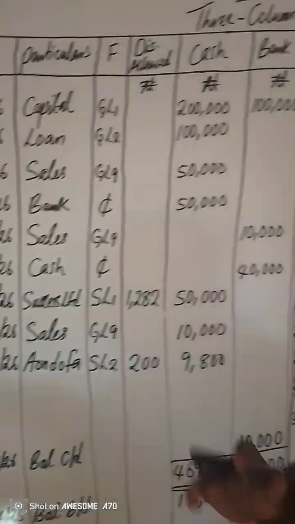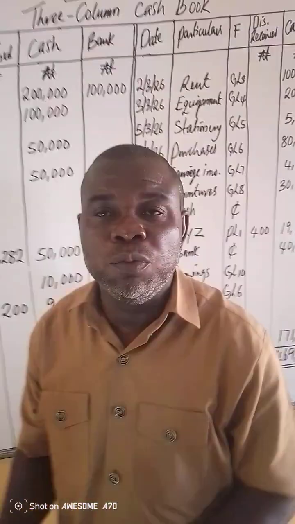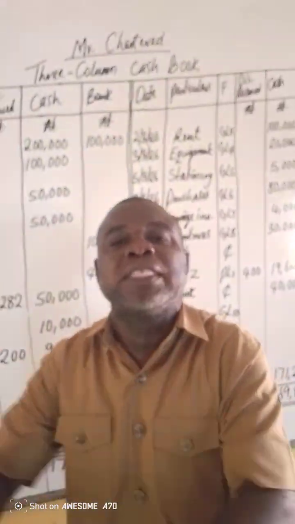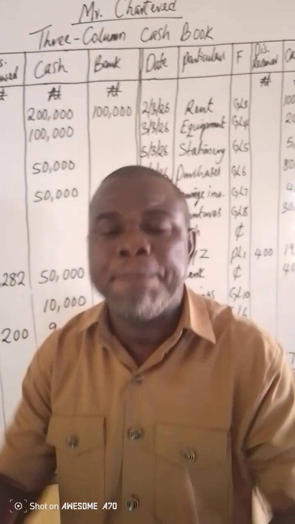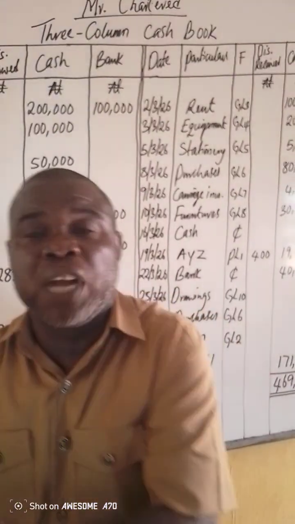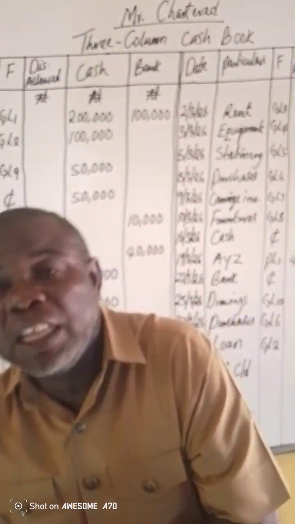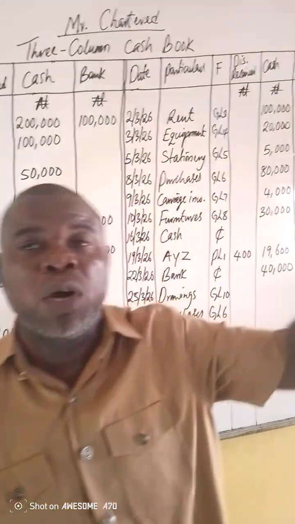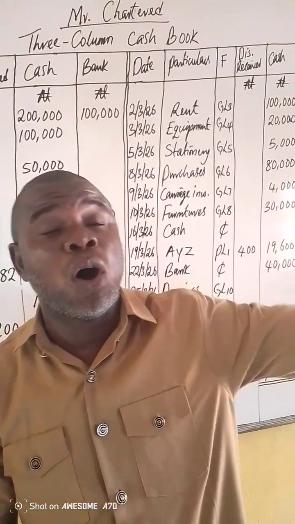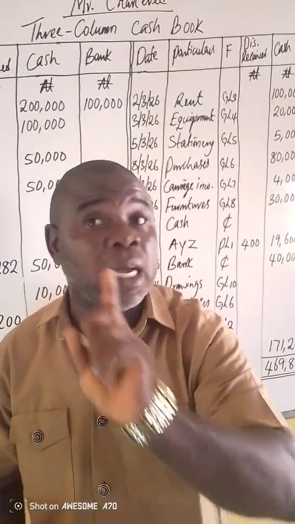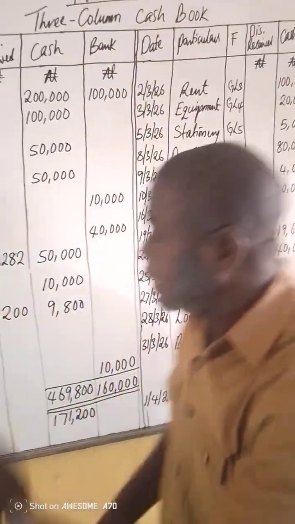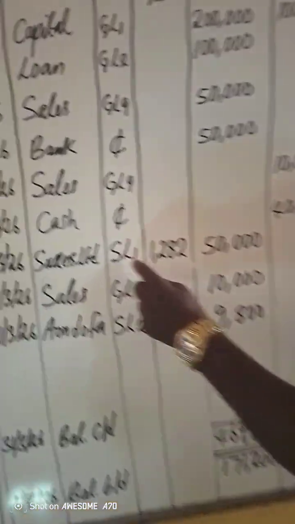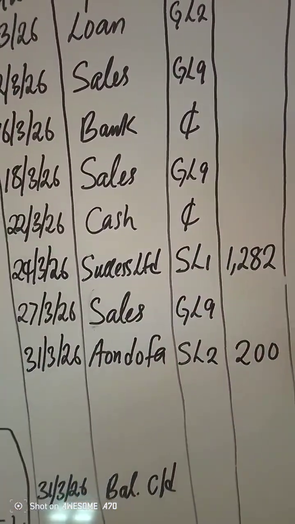I told you that when we talk of folio, SL means the amount that is being received from customers, or the amount that will be received from debtors or trade receivables. Any amount received from them, initially the transaction was on credit. If you are receiving money from debtors or your customers, that is where SL is used. So this is sales ledger 1, and that is the right folio to be used here.